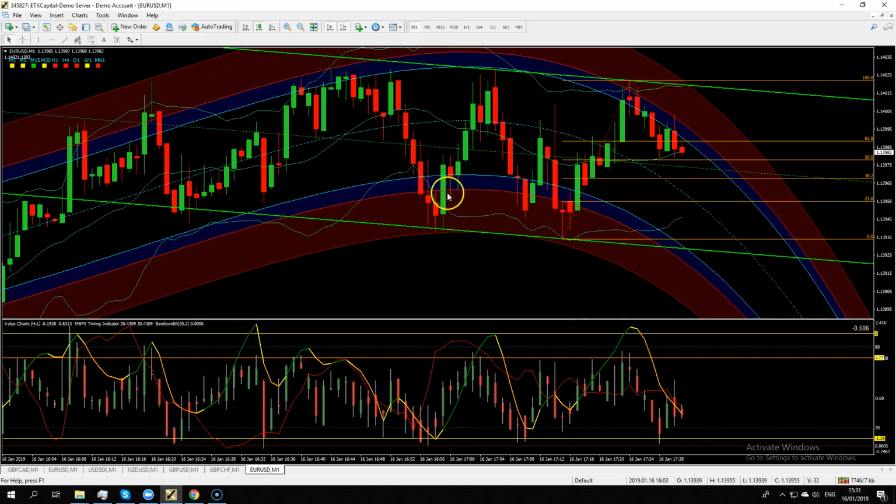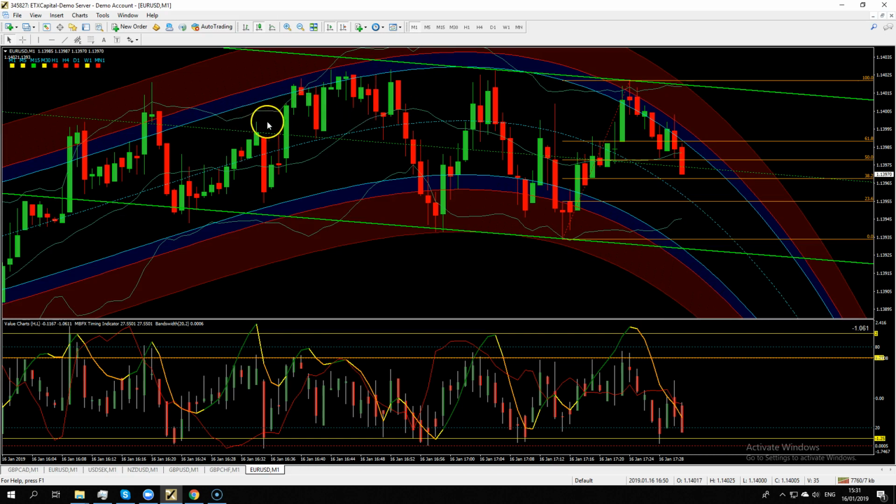Over the 30 minute period, again, it's been going more or less sideways, so it's yellow. Now over the 1 hour period, price has been going downwards. Let me just find the last hour here.